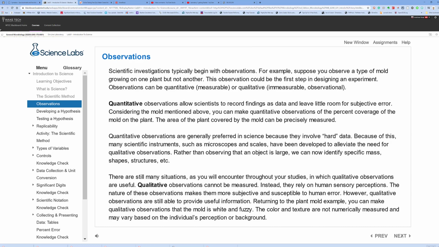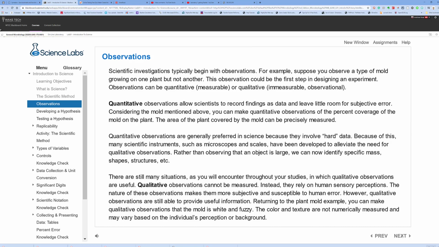Scientific investigations start with observations, and you want to make observations that you can test, so those are the types that are measurable and that make sense to you. Quantitative observations allow you to record findings as data, or leave little room for, well, I think, or gut feels and that sort of thing.